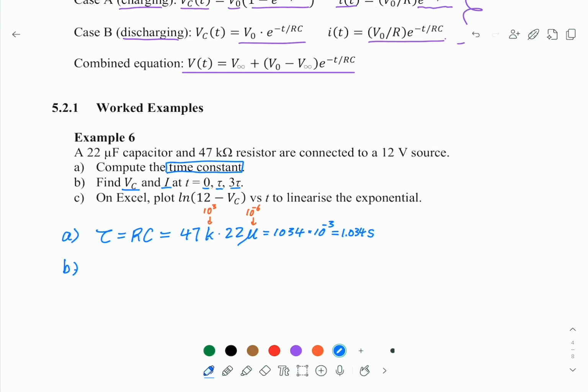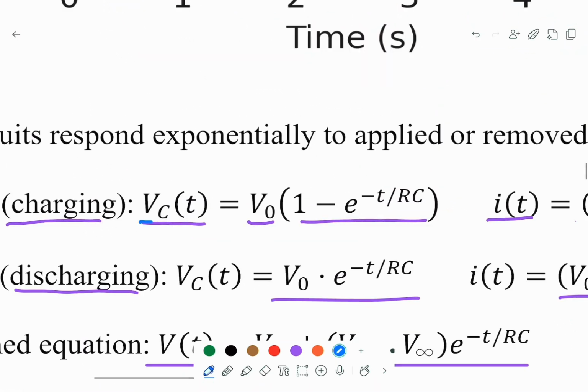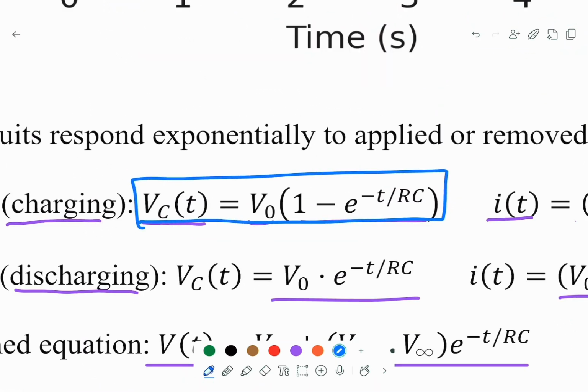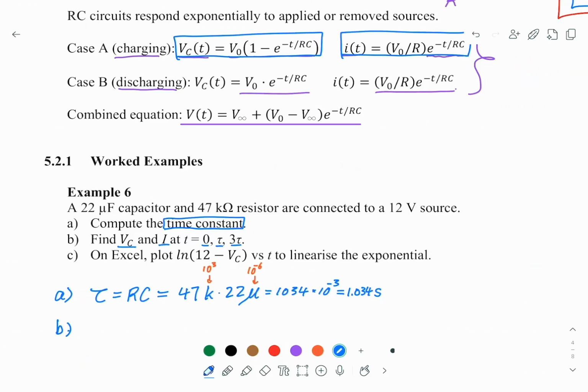Okay, now let's look at the VC first. This is charging, so we should use this one and this one.